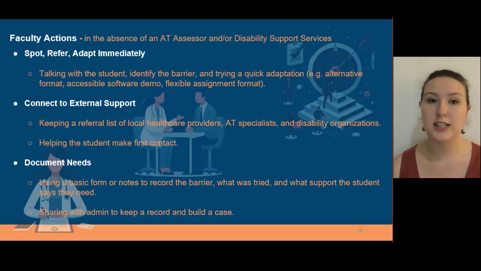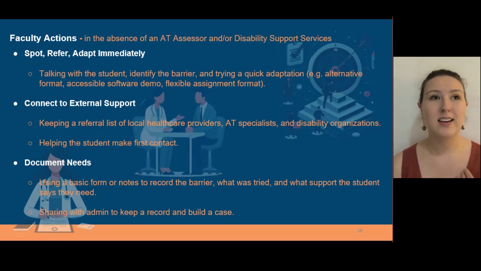As far as what faculty actions can be to accomplish this in the absence of AT assessors or disability support services, as mentioned before, spot, refer, and adapt immediately. Talking with the students, identifying the barriers that they have.